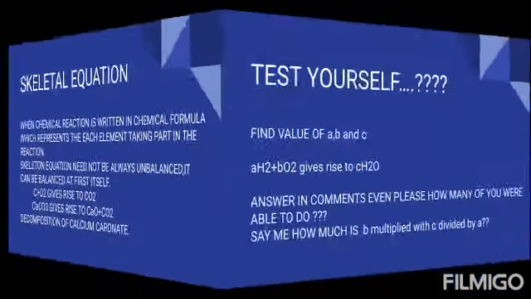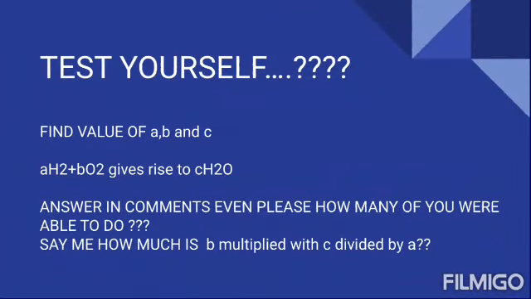Okay. Next, I have given a question. You have to test yourself. You have to find the values of a, b and c here. I have kept a, b and c in small letters, don't get confused. H2 plus O2 gives rise to H2O. What are the coefficients?